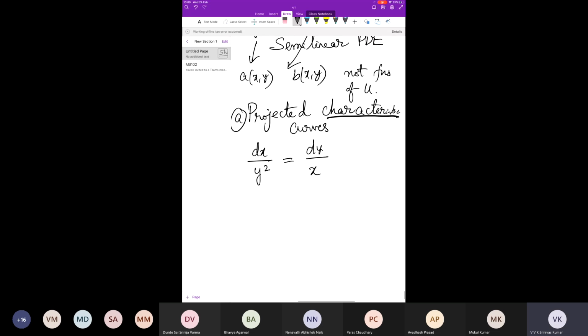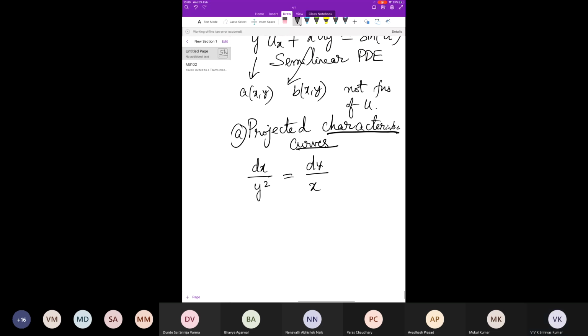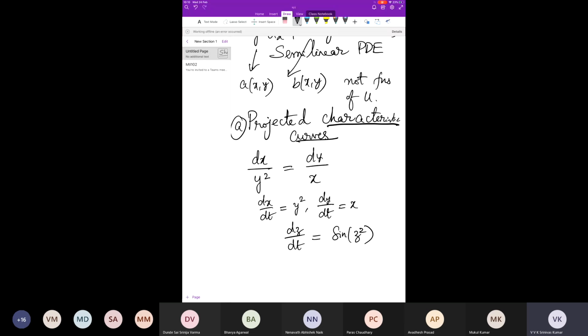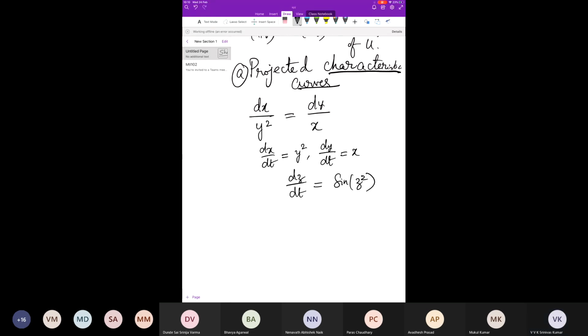Because we are bringing in the concept of characteristic curves, we can write dx upon dt is equal to y squared, dy upon dt is equal to x, and dz upon dt is equal to z squared.